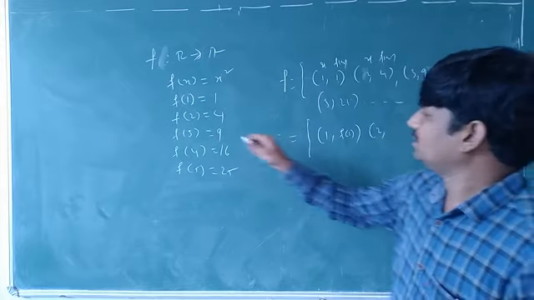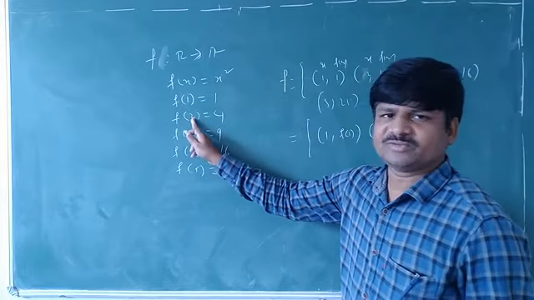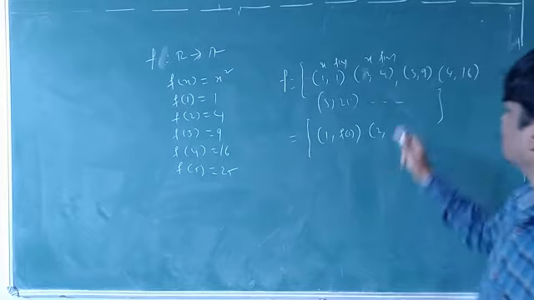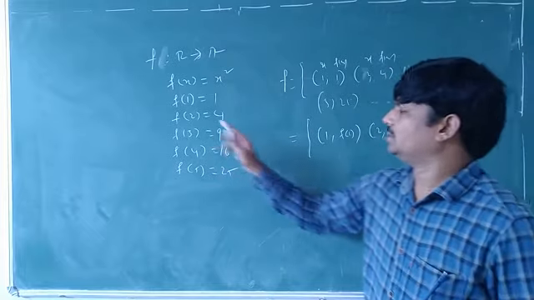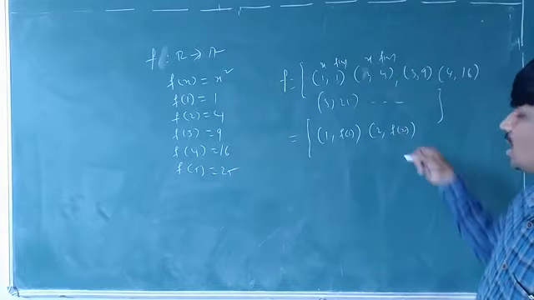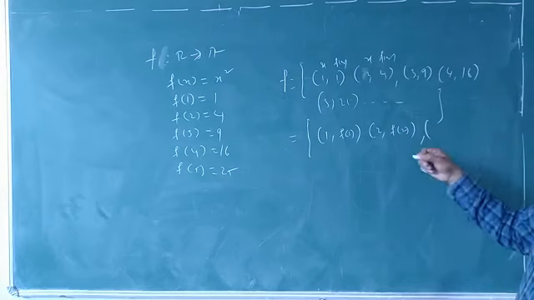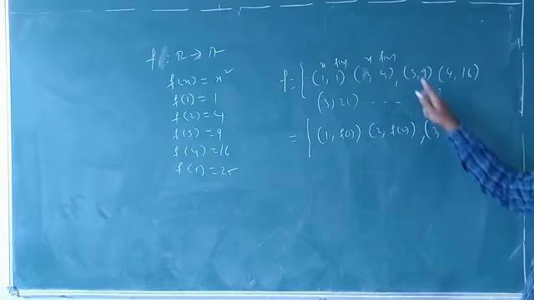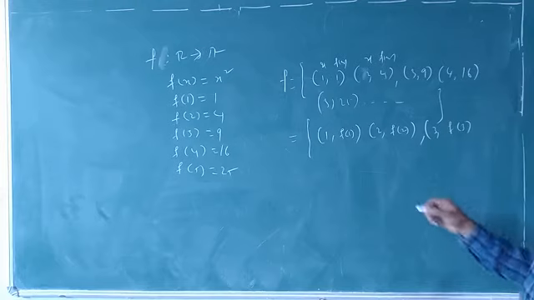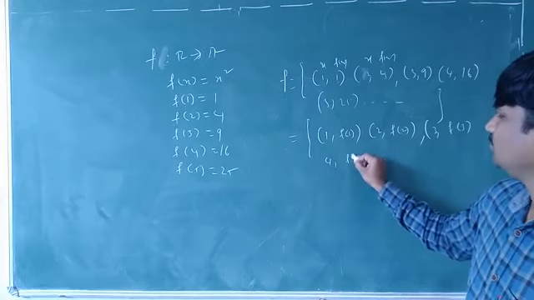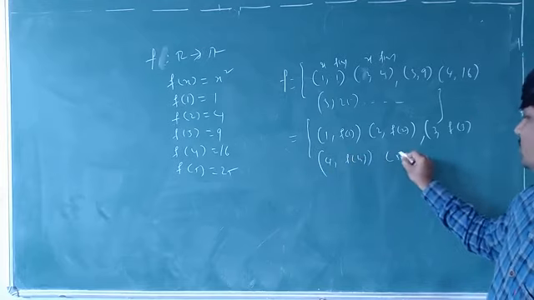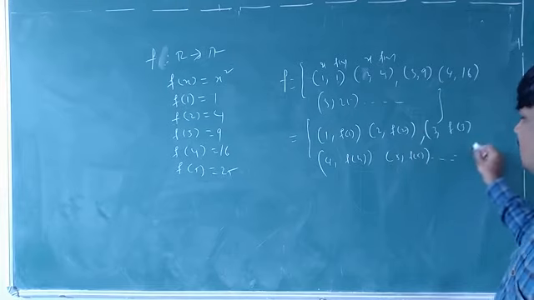Next, 2 means x value, f of 2 value is 4, so 4 we can write as f of 2. Are you understanding or not? Next 3 comma f of 3. Next 4 comma f of 4. Next 5 comma f of 5, and so on.